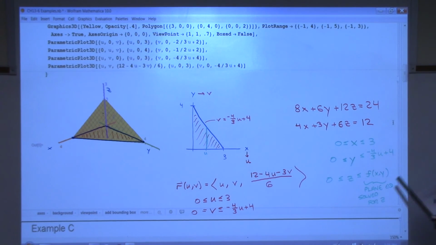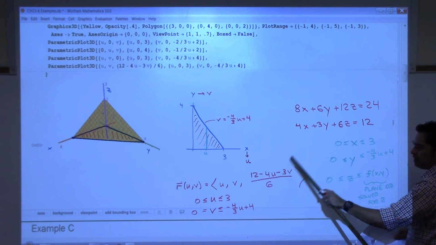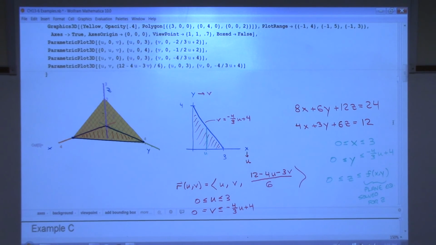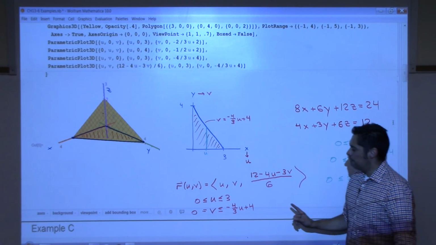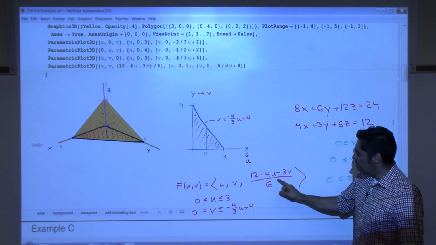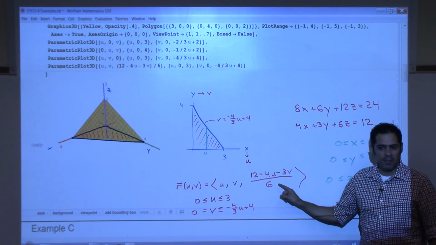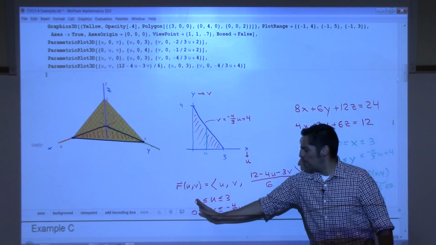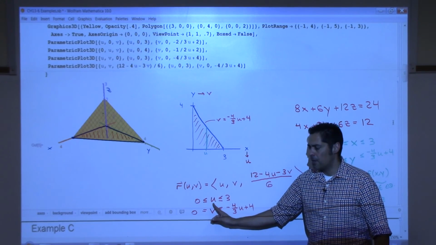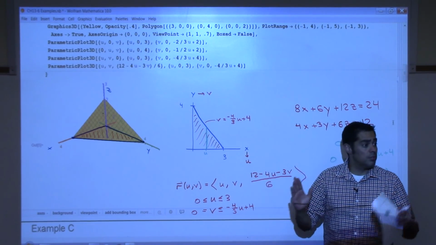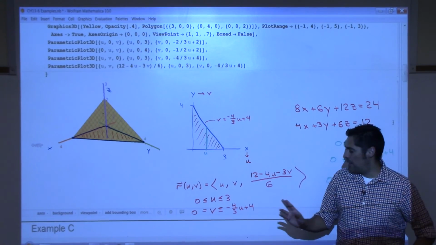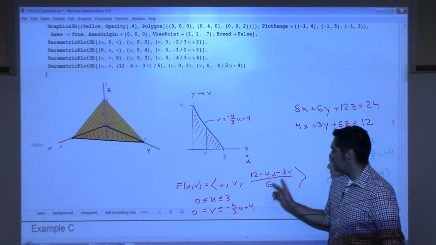And of course you could split that up and do 12 over 6 is 2 and then fractions. So what's really important for you to understand here is that this is only going to give you a single value for the z. Once you pick your u, your v's are stuck between two numbers now, and everything in between those two numbers is going to get plugged in here.